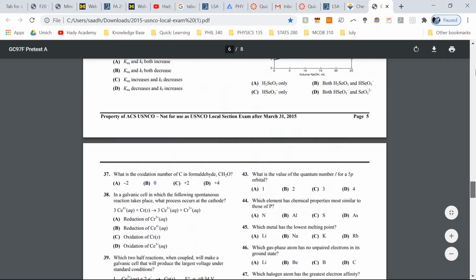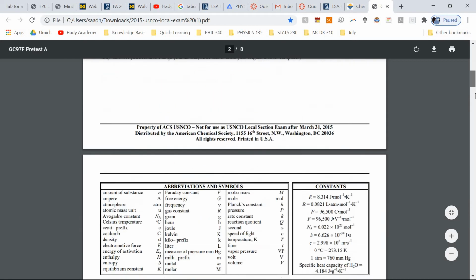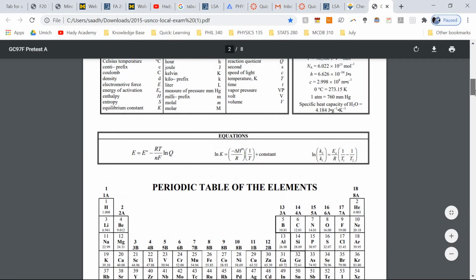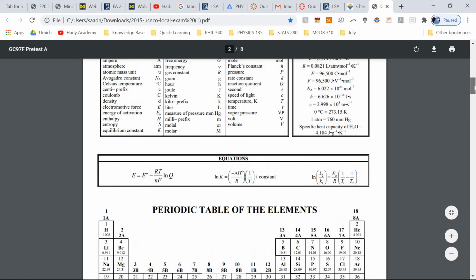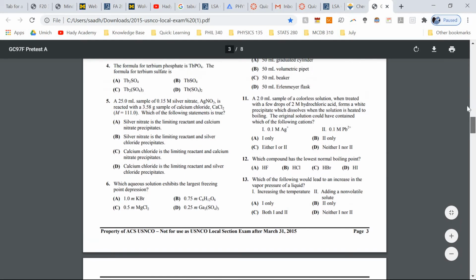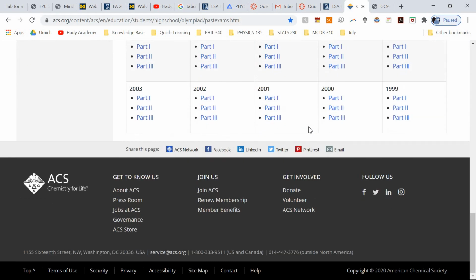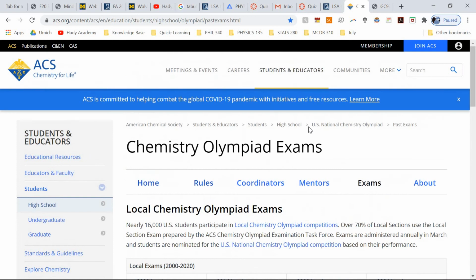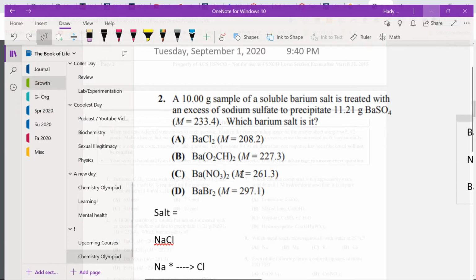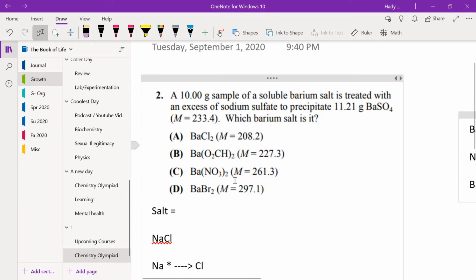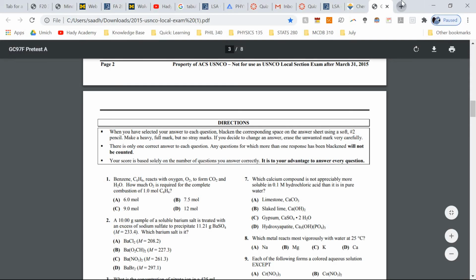Okay, these are a little bit more advanced than AP. AP will have the table. They expect you to memorize this, which is pretty surprising. My first guess would be this one, just because I know that NO3 is always soluble, but I'm unsure.